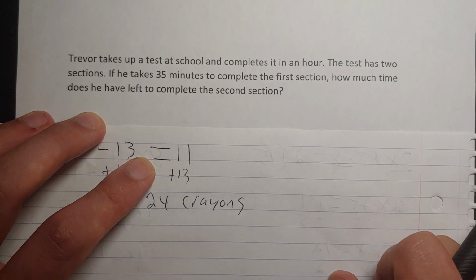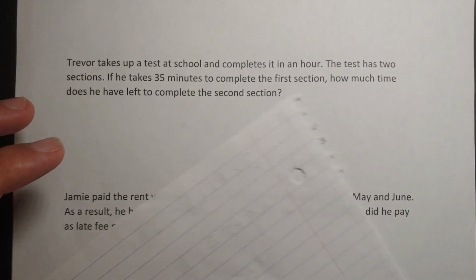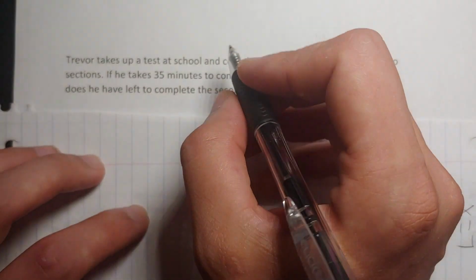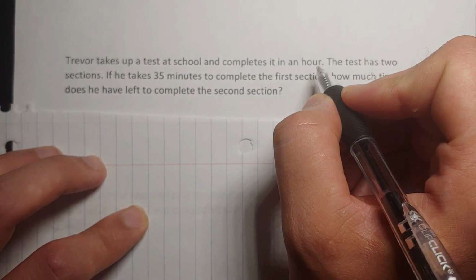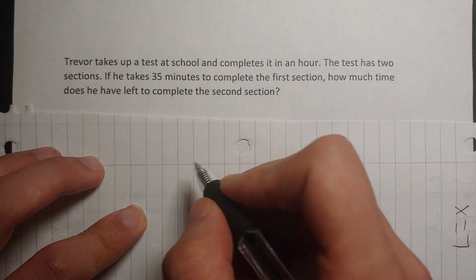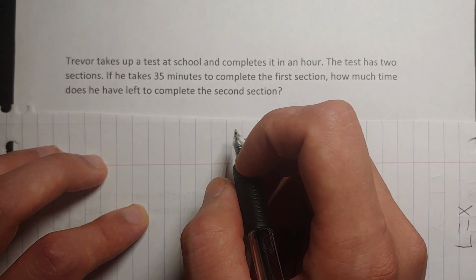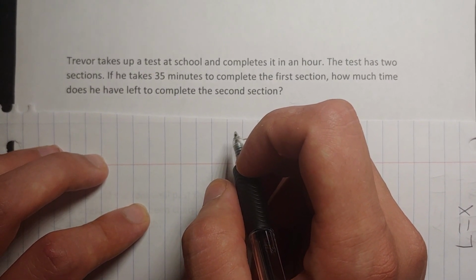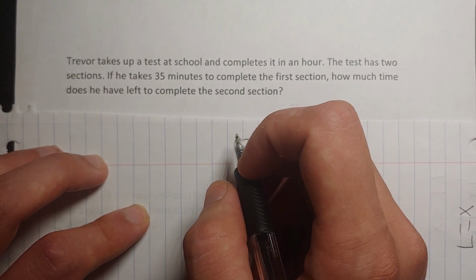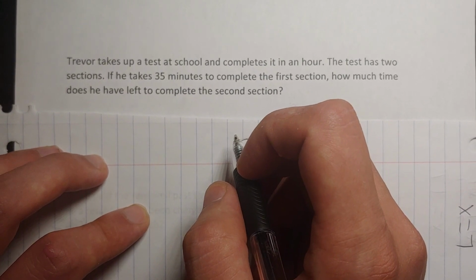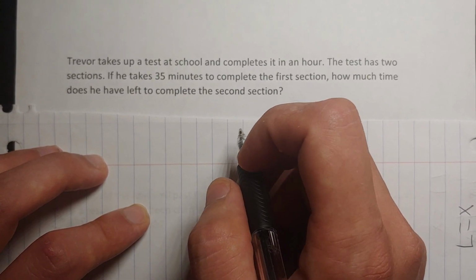Trevor takes up a test at school and completes it in an hour. So it's completed in an hour. So again, to me, that sounds like a total, but I'm going to keep reading. The test has 2 sections. Okay. If he takes 35 minutes to complete the first section, how much time does he have left to complete the second section?